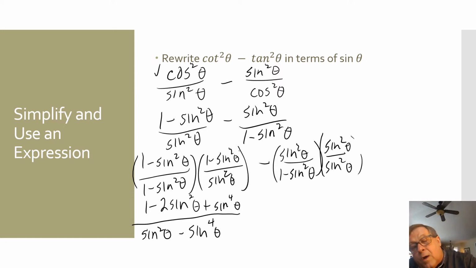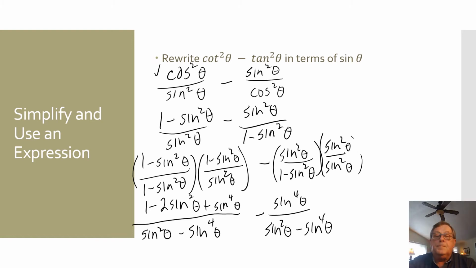And then over here on the right-hand side, we're going to have the sine to the 4th of theta over sine squared of theta minus sine of theta to the 4th power.